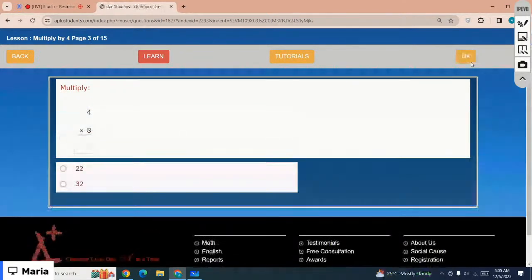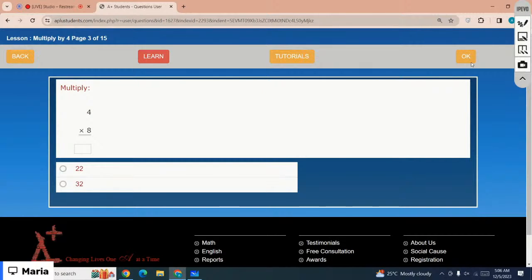Okay, the next one is multiply 4 times 8, which is the correct option? 4 times 8 equals, you can count the table of 4 until 8 or 8 until 4, right?